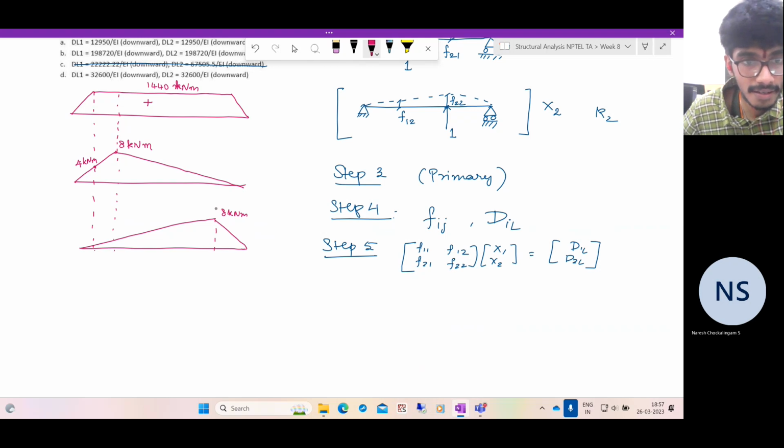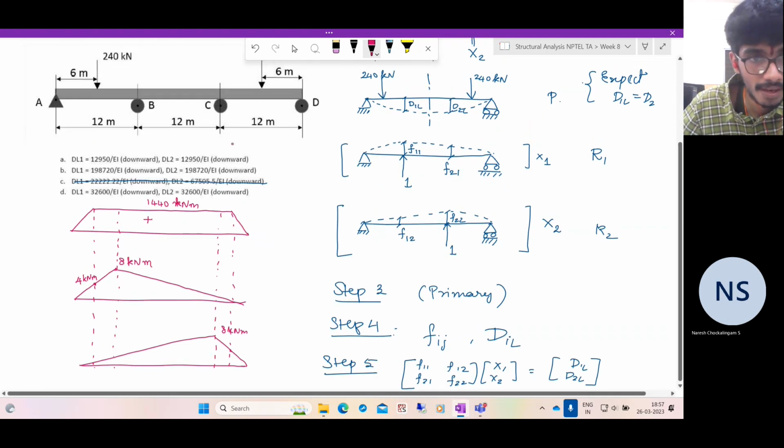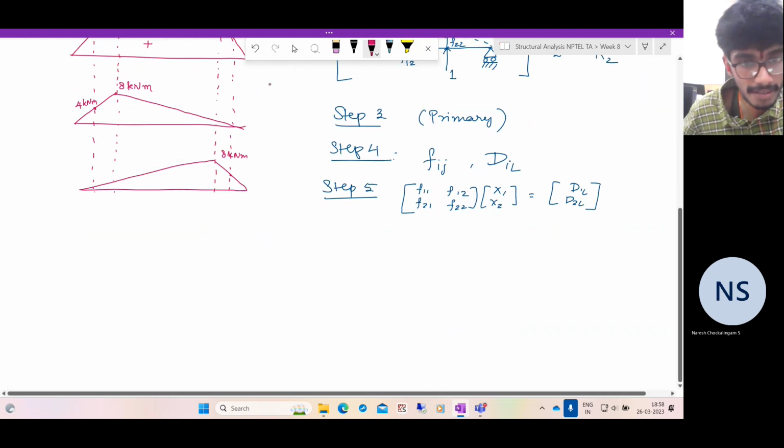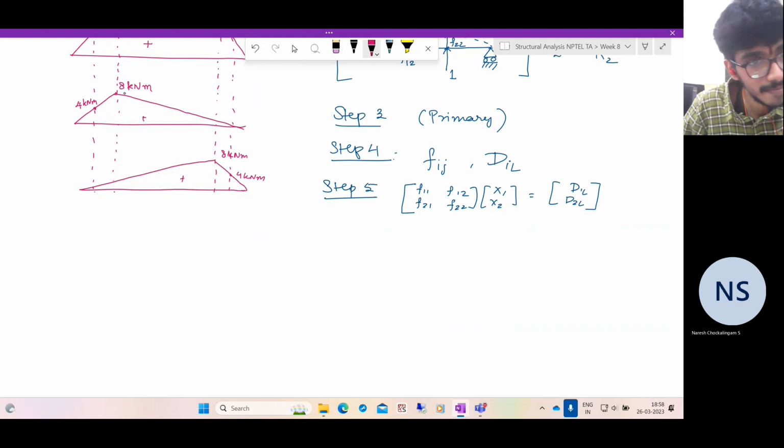And here also, you see this is 12 and it acts at half the distance. So this is also 4 kilonewtons. And all of them are positive. So that's it. So what is D1L?